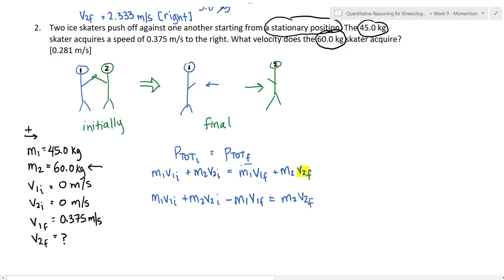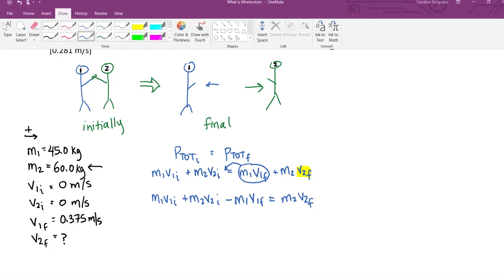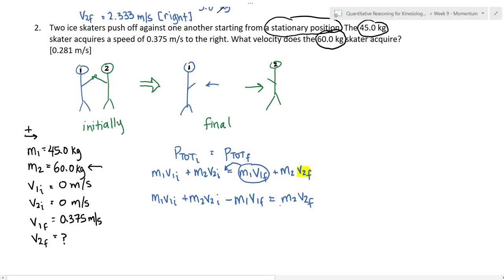Okay, so all I did was I took this term and moved it to the other side of the equal sign, making it negative. Okay, so now I'm going to isolate for V2 final by dividing both sides by M2. So I'm just going to divide this side by M2 so that it cancels out. And then I'll have to divide the other side by M2 as well.